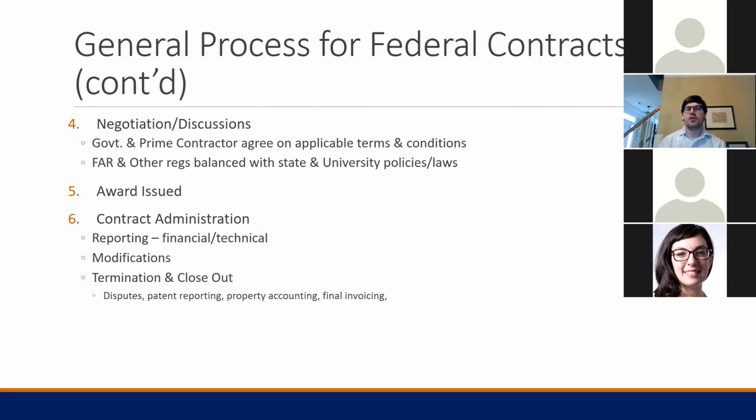Now, there are also situations that we're going to touch on where we may be a subcontractor, where another university, for example, or maybe another nonprofit is the prime contractor, and there's the federal government, there's the prime contractor, and they have a contract, and then we have a contract with the prime contractor as a subcontractor.